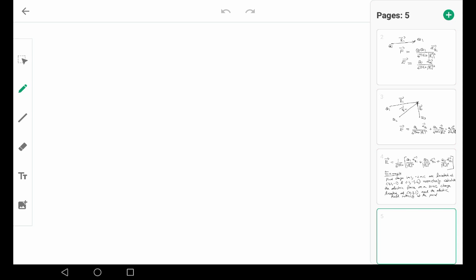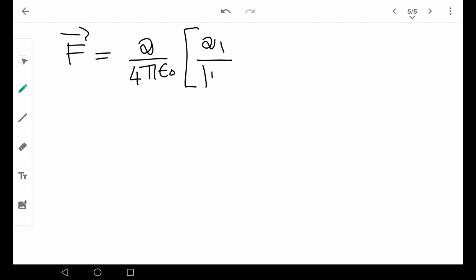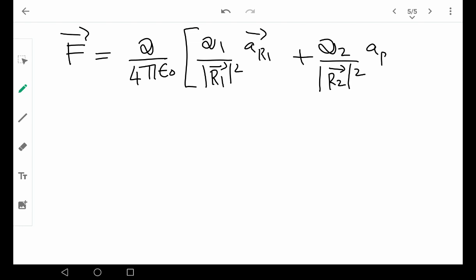So the force is given by F equal to Q by 4 pi epsilon 0, and you can write Q1 by R1 square aR1 plus Q2 by R2 square aR2, right?